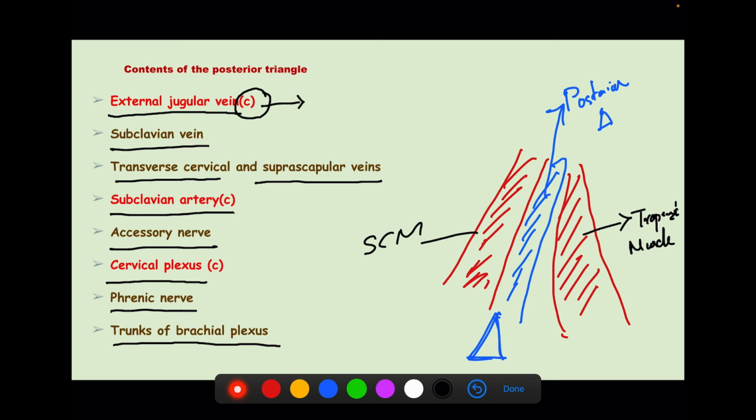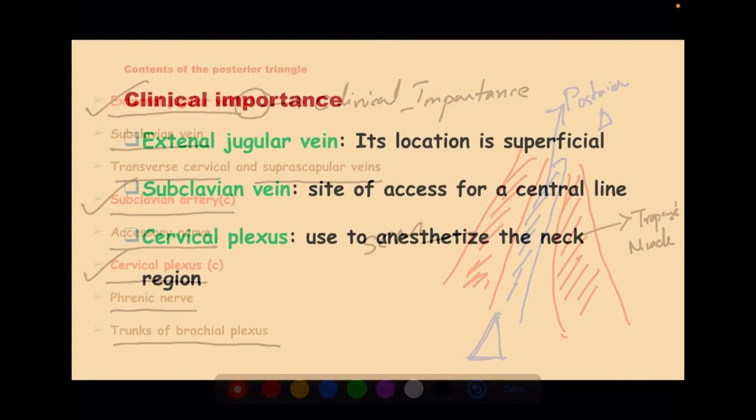The C represents that it has clinical importance. The three contents of the posterior triangle, the external jugular vein, subclavian artery, and the cervical plexus, have clinical importance. We will discuss in the next slide.